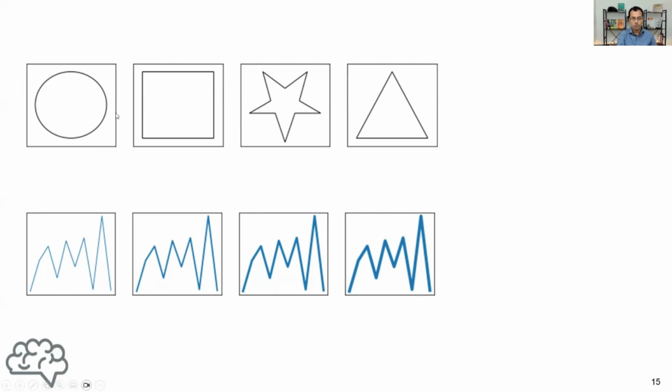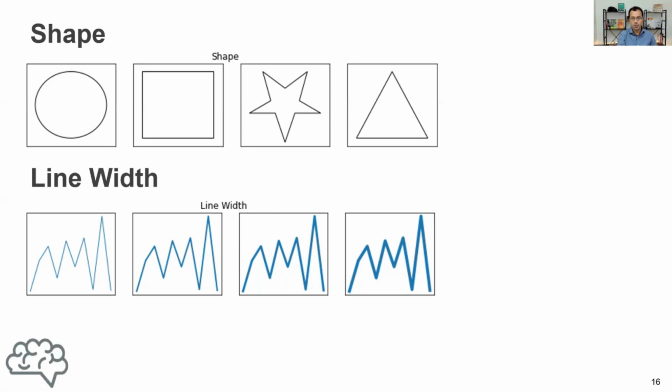For example, when I look at these ones, I can see that the shape differentiates one picture from another. Here at the bottom, I can see that the width of the line differentiates one from another. So shape is one preattentive feature, and another one is line width.